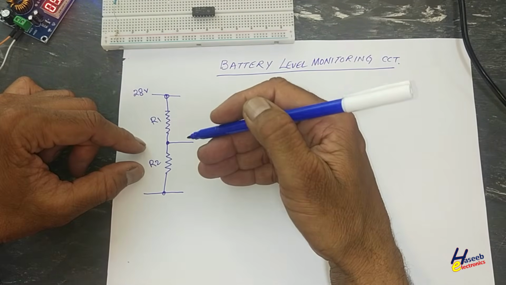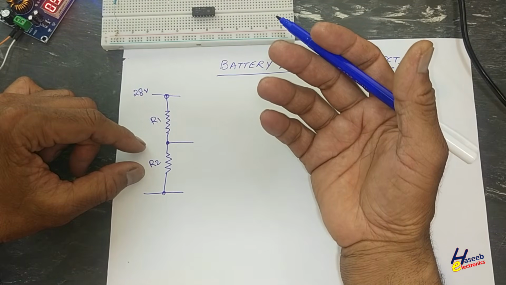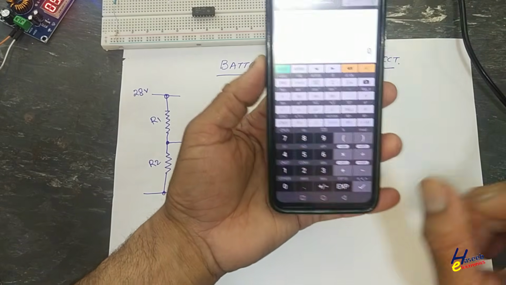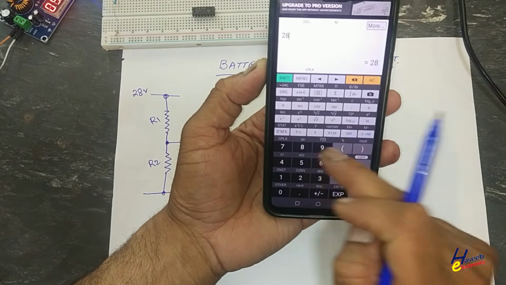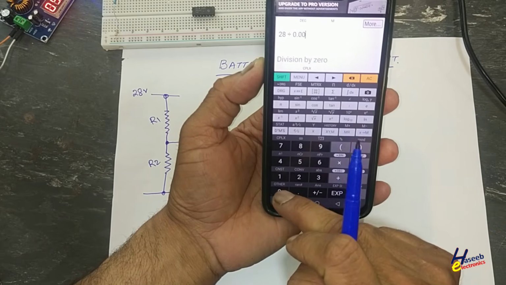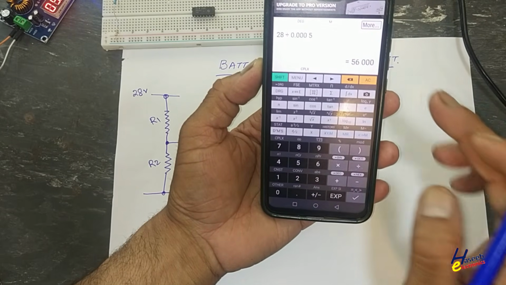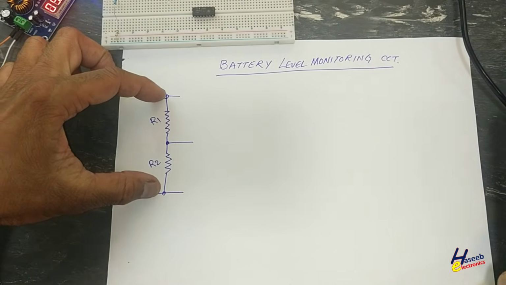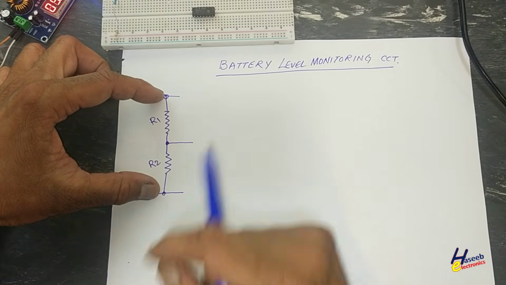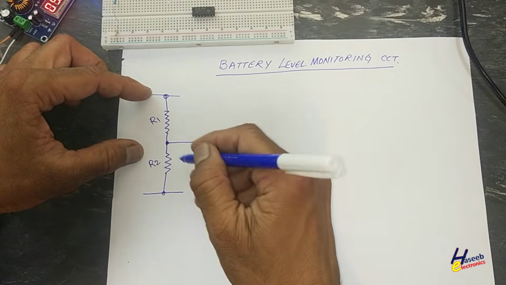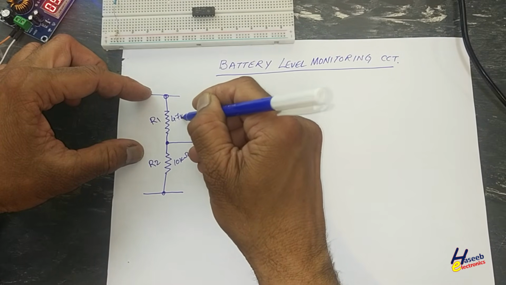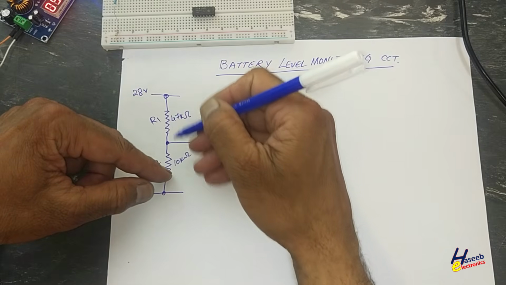Less than 1 milliampere, let's suppose 0.5 milliampere, that's also good. 28 divided by 0.005, okay, 56K. We need RT, total resistance in this channel, 56K. If I use a standard resistor 10 kilo ohm and 47 kilo ohm, it will be around 57.